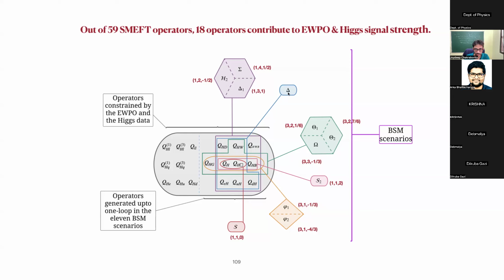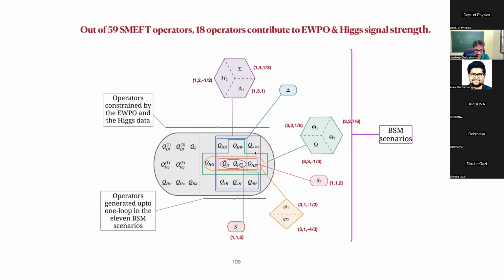Now look at this real triplet. The real triplet doesn't include these 2 operators. So any signature which is significantly contributed by these 2 operators, if you observe it, then we can say that this model is not giving you these 2 operators up to one loop, right?